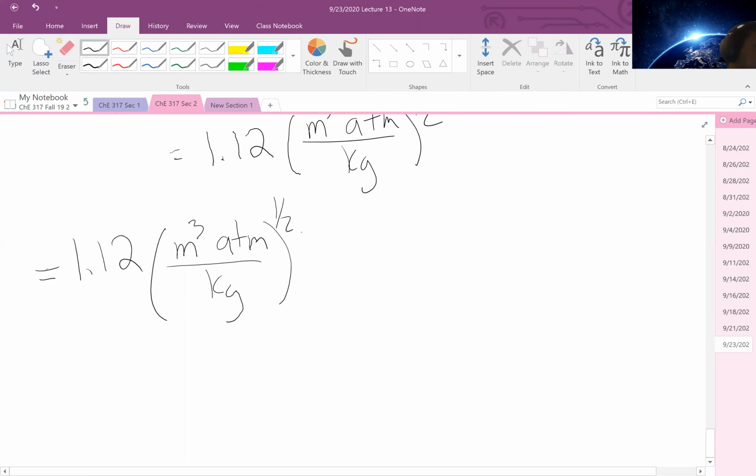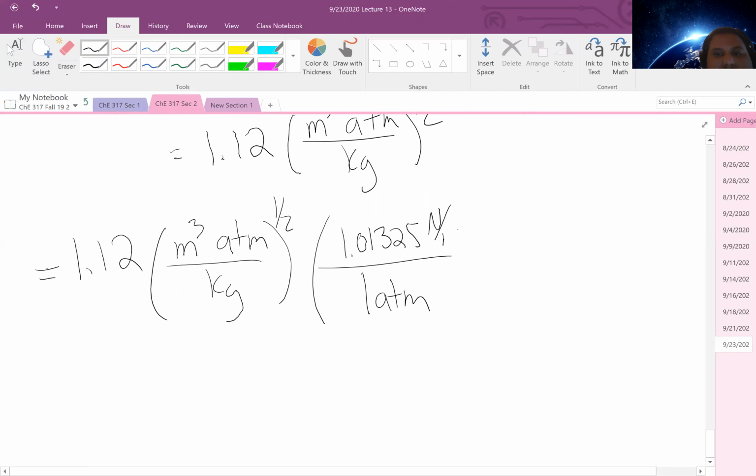I can say 1 atmosphere is equal to 1.01325 newtons per meter squared to the 1/2.